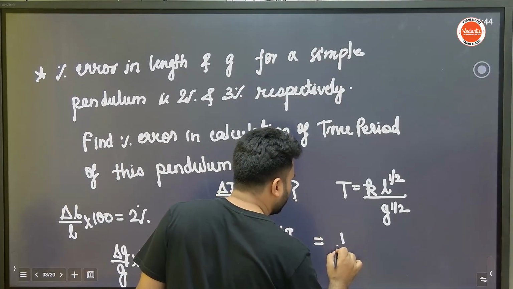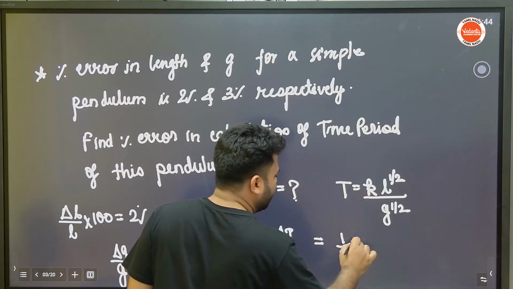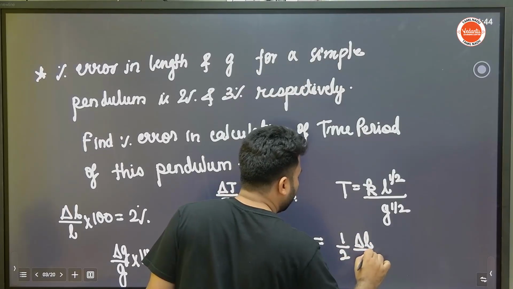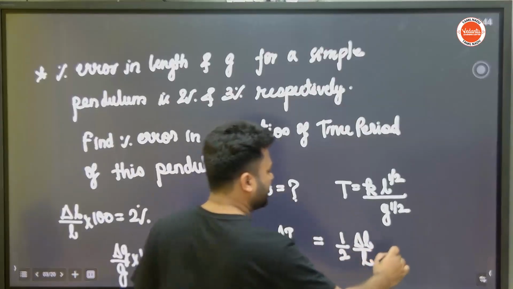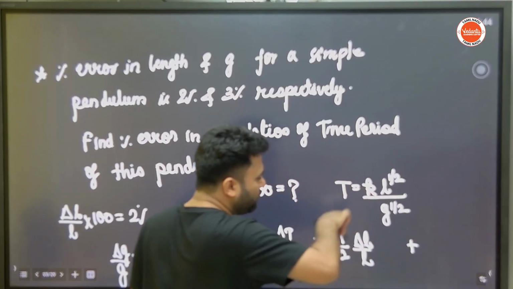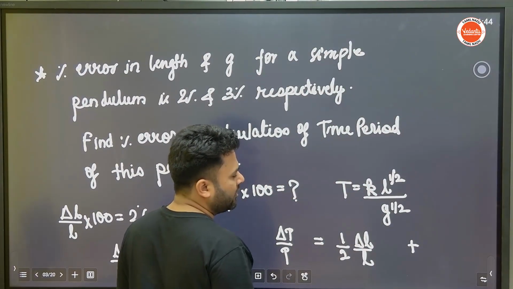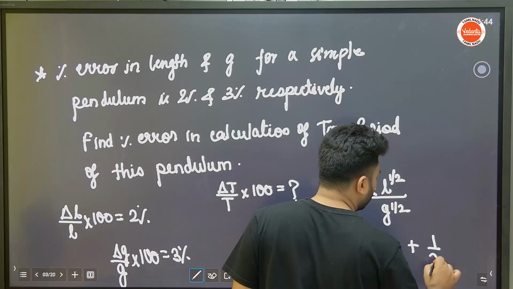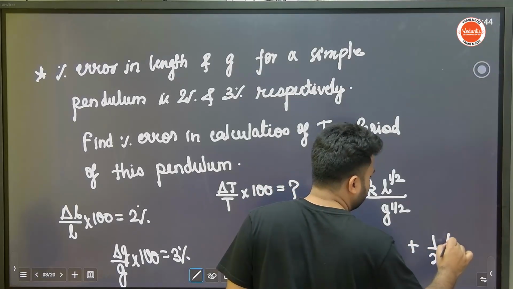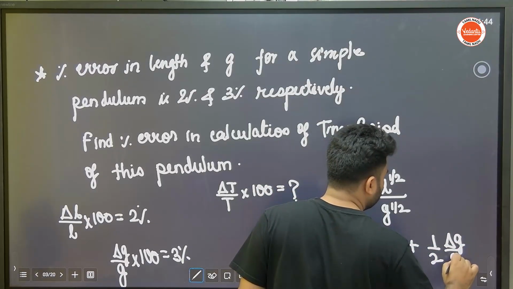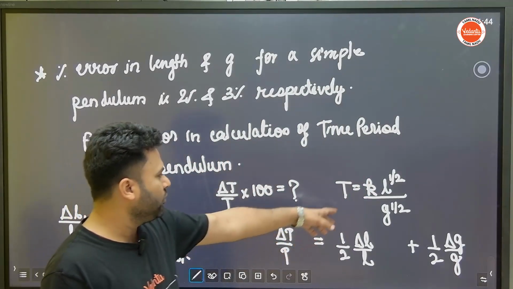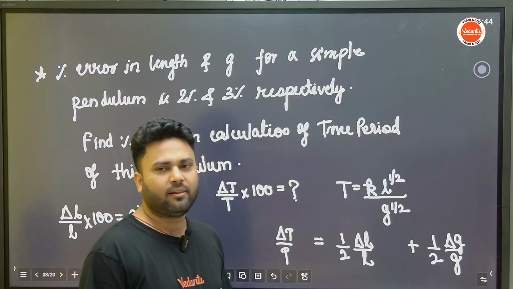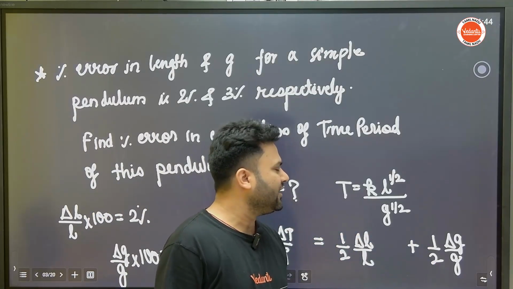So 1 by 2, then delta L by L, plus, again you write the power, 1 by 2, we have G, delta G by G. We can write like this now: delta T by T equals 1 by 2 delta L by L plus 1 by 2 delta G by G.